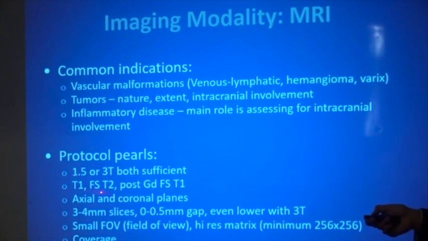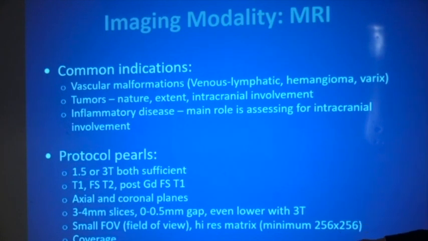T1, FAT-SAT T2, post-gadolinium FAT-SAT T1. We're going to go through all that. These are just the basic protocol pearls that I ask for. Axial and coronal planes, and ideally you want to get 1.5 to 2 millimeter cuts if you can with your machine, but even 3 millimeter cuts, you have to live with. And we want a small field of view and a high-res matrix.